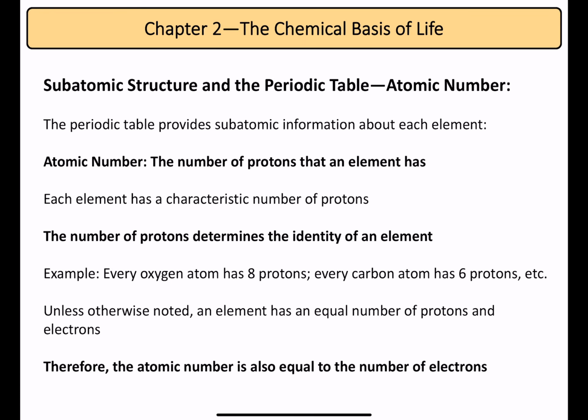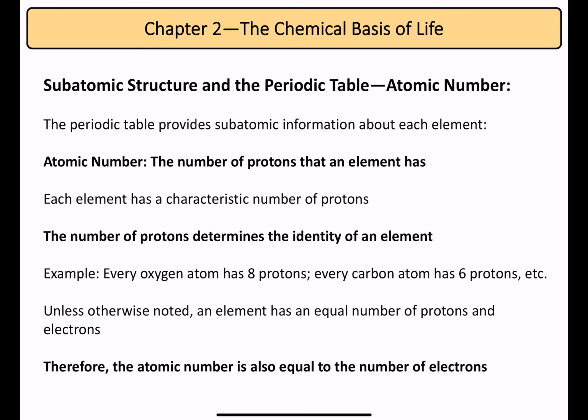But not only that, the atomic number also provides the number of electrons, unless otherwise stated. I say unless otherwise stated because as we're going to learn, elements can become electrically charged. They can actually lose or gain electrons. Okay?